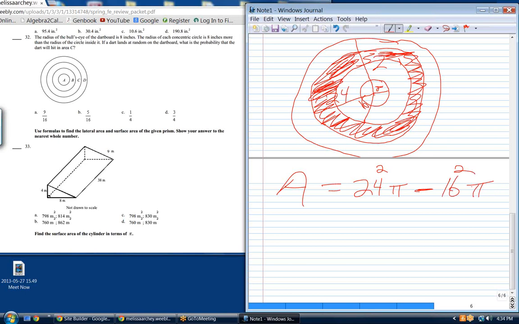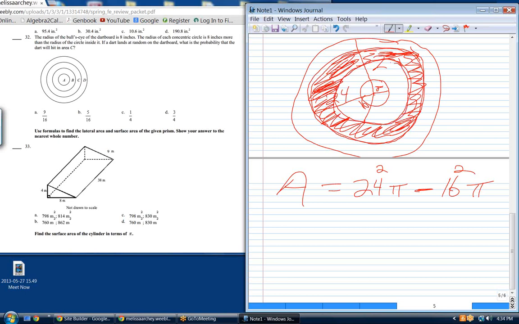There's the area of the shaded region. Now, first of all, make sure you understand why that's the case and why I didn't have to even care about this middle circle. To find the area of the shaded region, I took the area of this circle and subtracted the area of this circle.